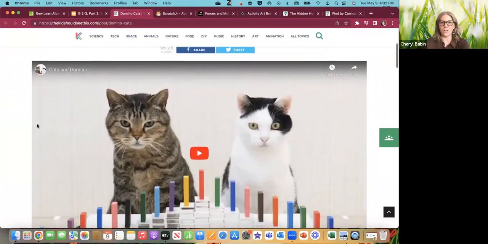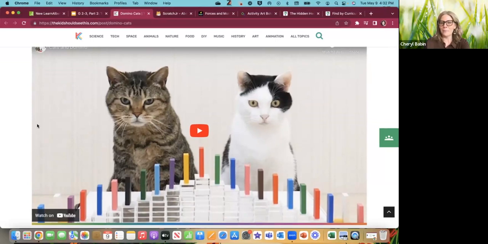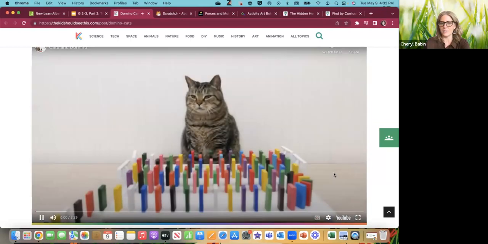Here's a little sample of one called Cats and Domino. And I really thought that it might be a nice provocation for a conversation around movement and how materials use forces.